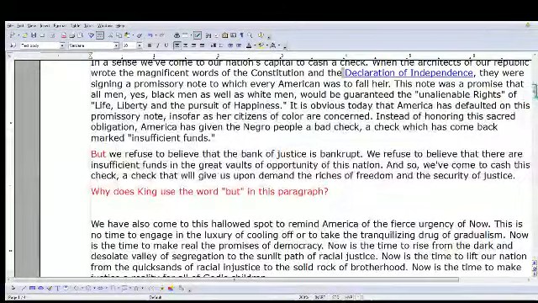Let me give you another one. Why does King use the word but in this paragraph, right? The TOEFL could say but, it could say however, it could say therefore, whatever. In this case, you have to look at this word and you have to see, because it's the very first word in the paragraph, how does it relate to what came before? Right?